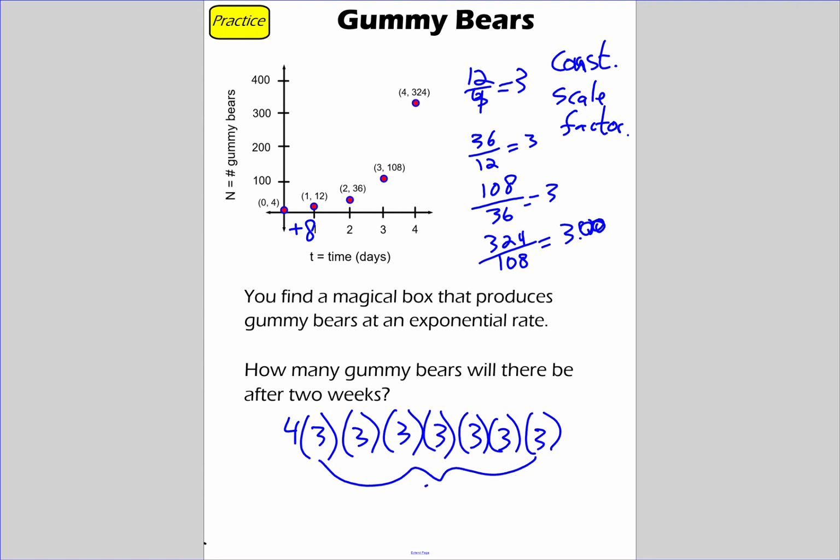And so since we are multiplying 3 7 times, we can just rewrite this expression as 4 times 3 to the 7th. And when we plug that into our calculator, we end up with 8,748 gummy bears. Okay, it's quite a bit.